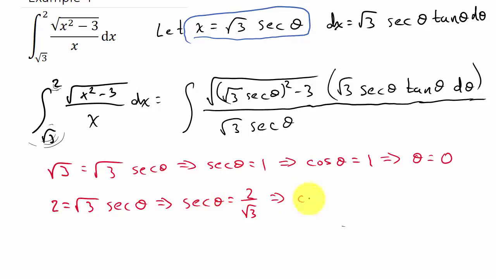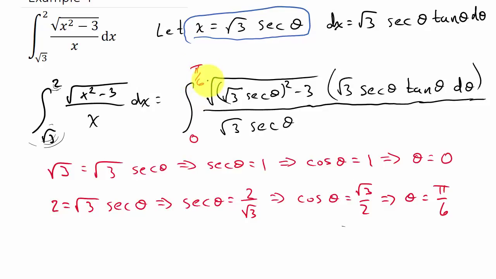So cosine theta is equal to the reciprocal, square root of 3 over 2, which means theta is, well, the cosine of what is square root of 3 over 2? That's the cosine of 30 degrees, or pi over 6. So my limits are 0 to pi over 6.